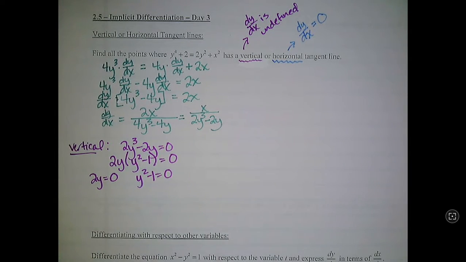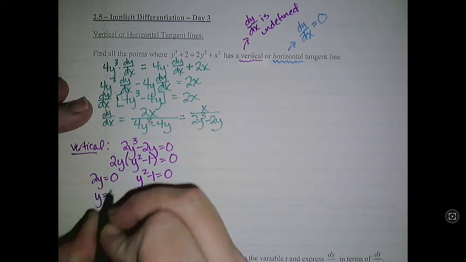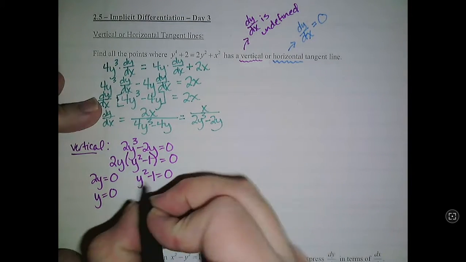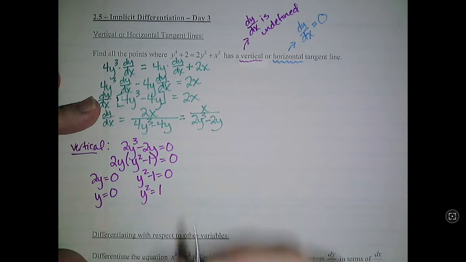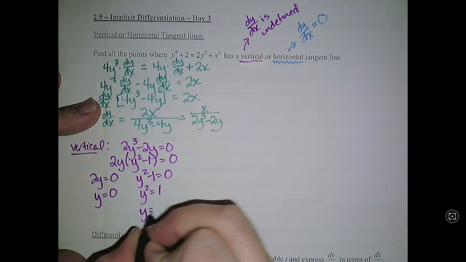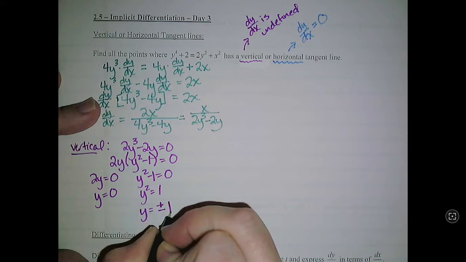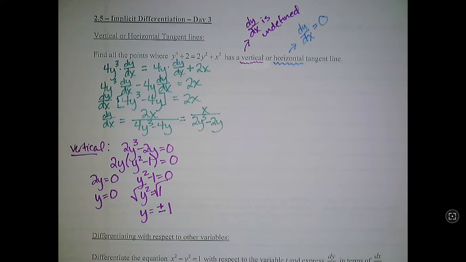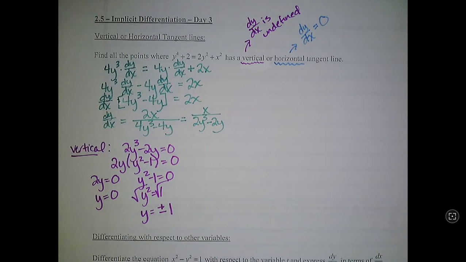If 2y is equal to 0, then y is 0. And if y squared minus 1 is equal to 0, then y squared would be equal to 1. So y could be both positive or negative 1 if we were to take the square root of both sides. So we actually have 3 possible values of y that could all cause this denominator to equal 0, and therefore our derivative to be undefined.